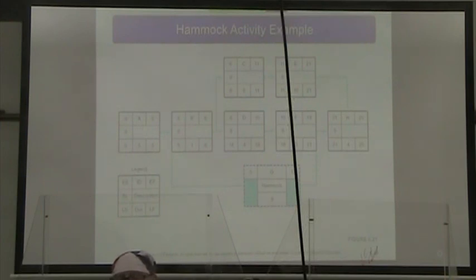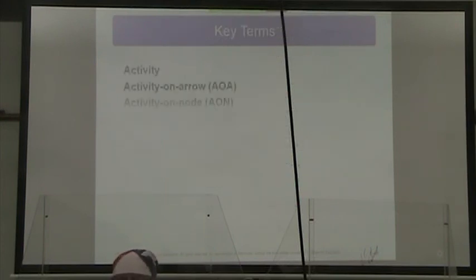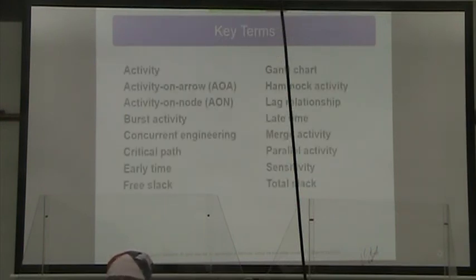Activity G has been added in here, and it's going on from the time that B starts until F finishes, right? And there we go. We have our key terms.